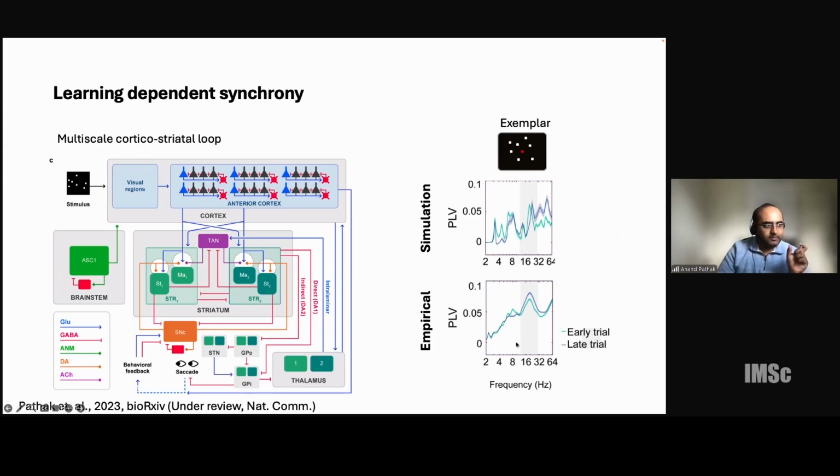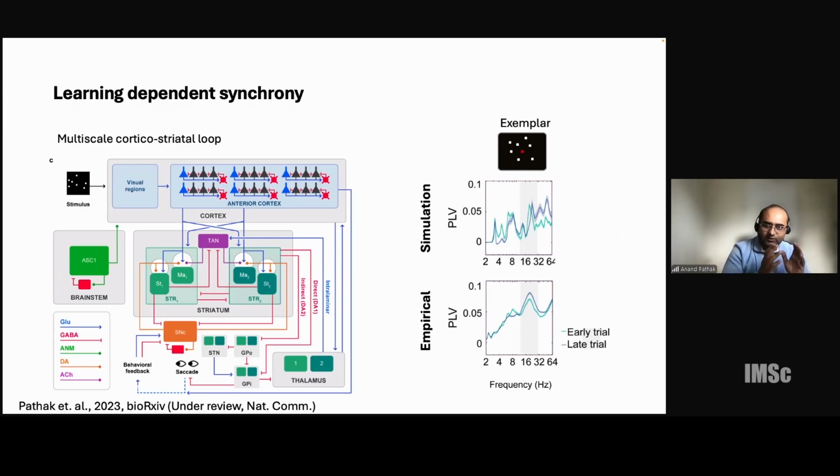In the beta band, around 16 hertz, the synchrony is increased. Here you might see that there is an increased synchrony in the gamma band also, but the reason for that is that we have a very poor approximation of LFP, where we are just averaging the spikes. If we have a much better approximation, we might see a much better correspondence.